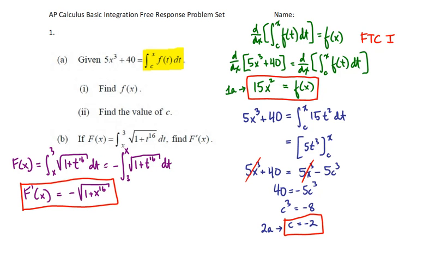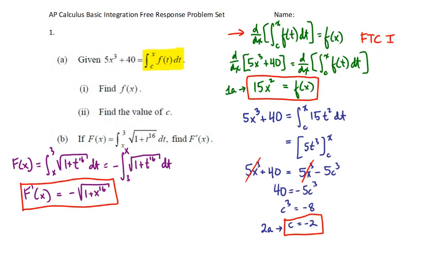And again, the reason for that is this is how we define the derivative of an integral defined function. Going back to our very first statement, the derivative of the integral from c to x of f of t dt is just f of x.